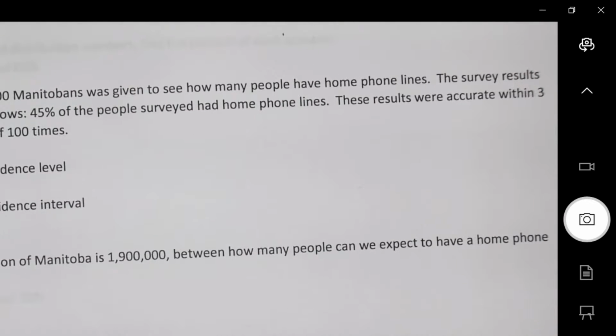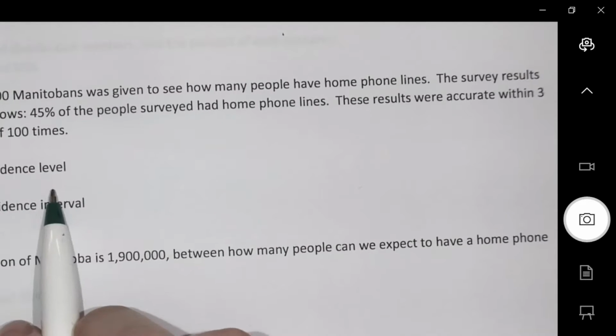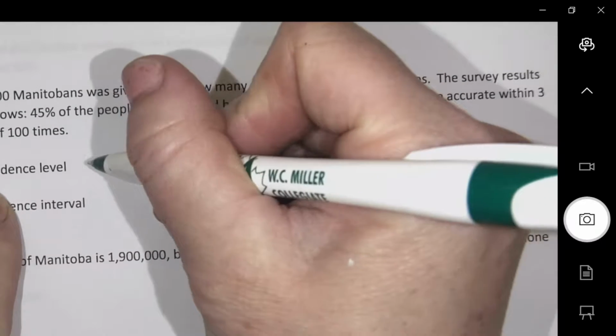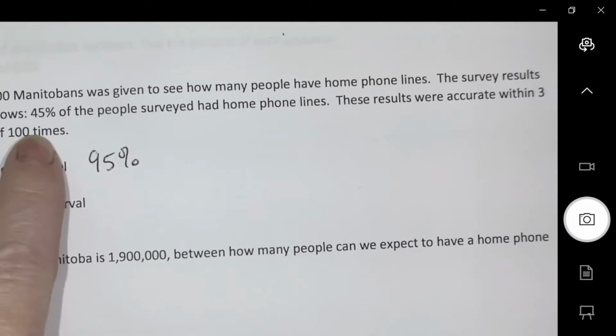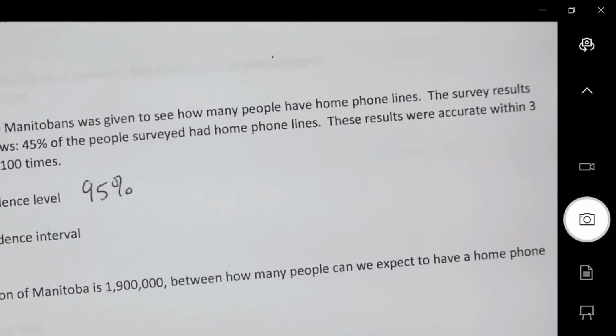The survey results were given. 45% of people surveyed had phone lines. This result was accurate within 3% points, 95 times out of 100. So state the confidence level. We're 95% confident in our findings.